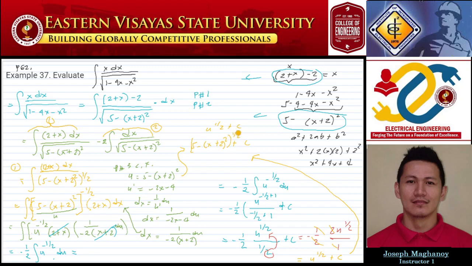Maybe we recall back its original form, the radical form, to make it simple. So 5 minus quantity x plus 2 squared plus C. So this is your answer for your first subject.